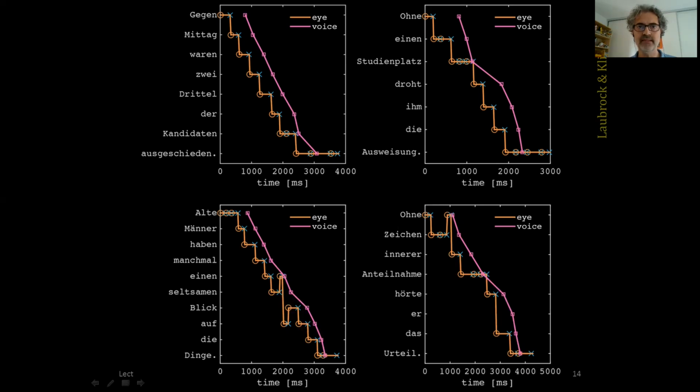And the fact that this is more than 1 for skilled readers means that you must temporarily store somewhere internally the words that you have already looked at but haven't yet said. These words must be somewhere waiting to be spoken while your eye moves ahead to the next one and while you're still saying the previous one. So this means that skilled reading involves buffering or temporary storage of words between the gaze and the voice.